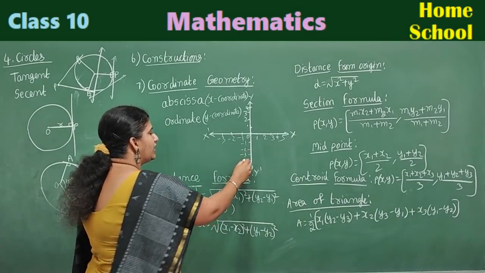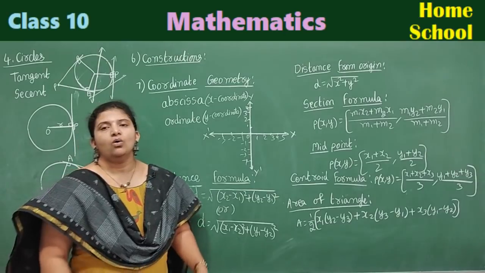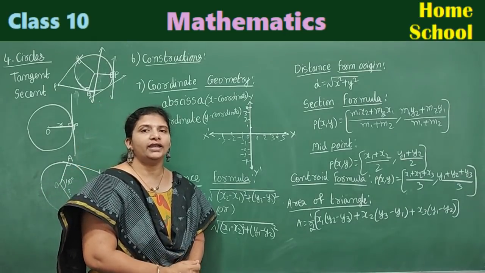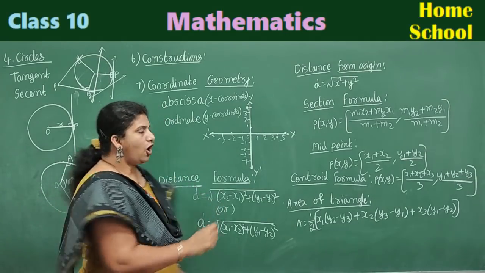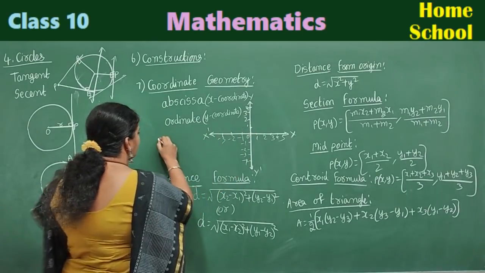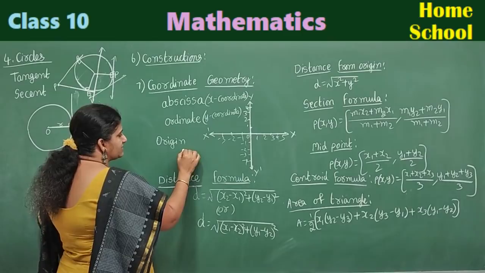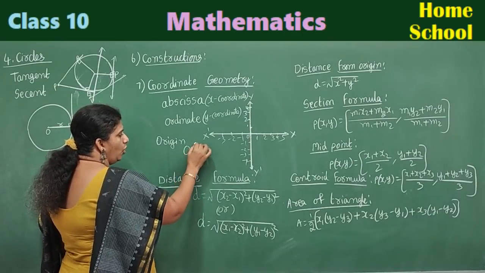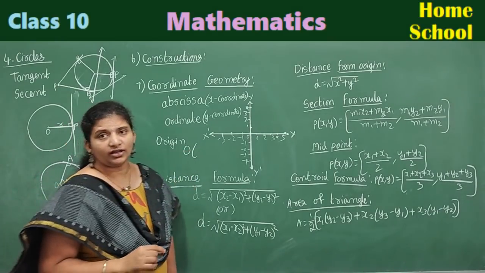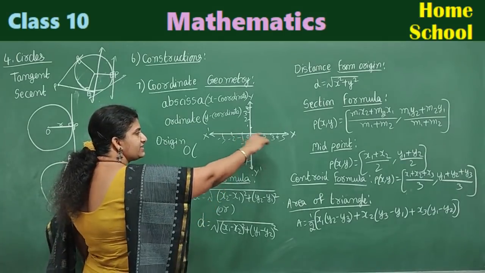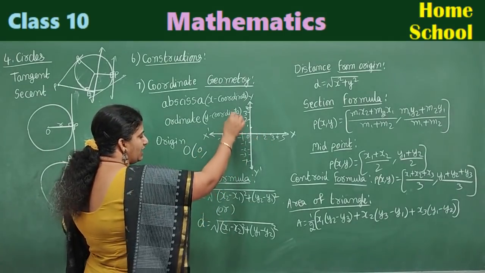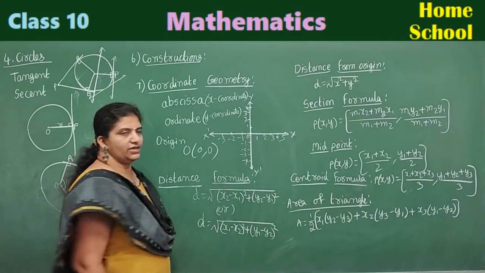So coming to your next point. What is the coordinate at origin? Origin means this one. Origin is represented by the letter O. And what is its coordinate value? The x-axis value is 0 and the y-axis value is 0.